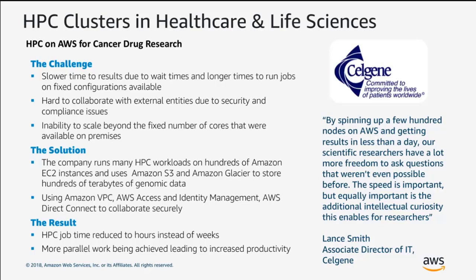Using AWS and the different tools provided, they were able to build a system that allowed for this collaborative research environment to be created and invite researchers, CROs, university collaborators, and others to take advantage of this common environment and access this data, take a look at the tools that had been provided for that analysis, and run and evaluate them in their own specific context while operating on common data.